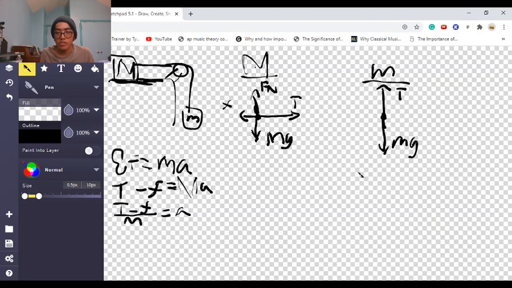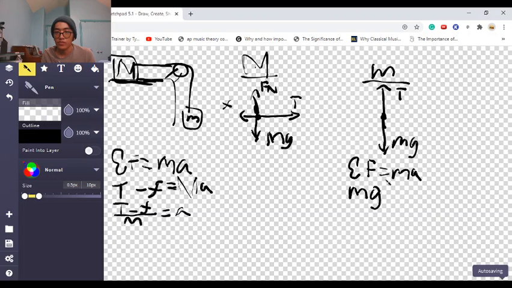We can see here that the only direction this little m is accelerating in is the y direction. So we're going to try to solve for tension. If it's going to go this direction, then the biggest force contributing to that is the gravitational force, so I'm going to write mg first.